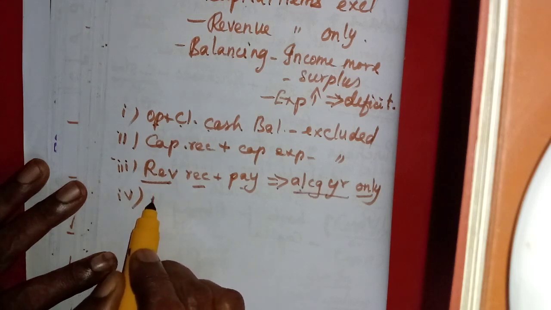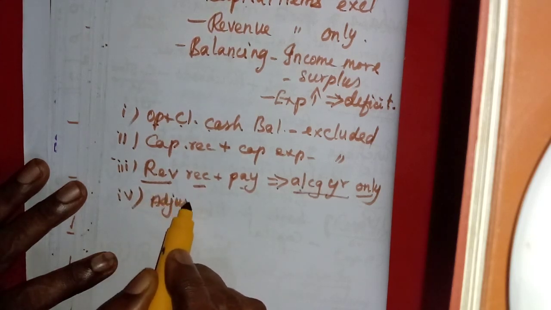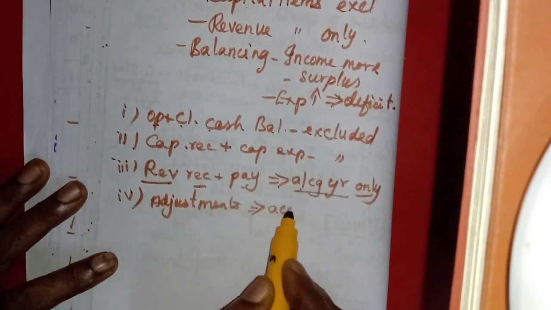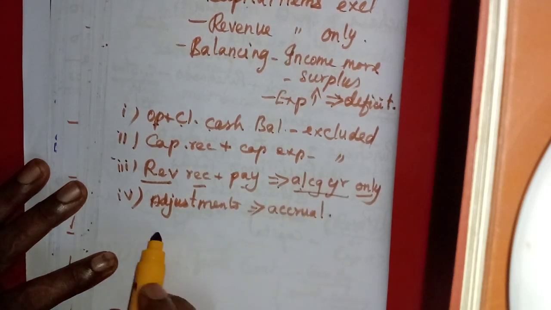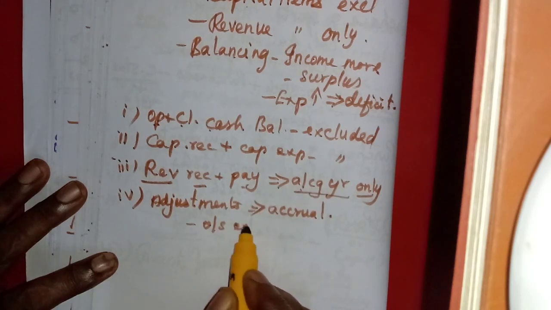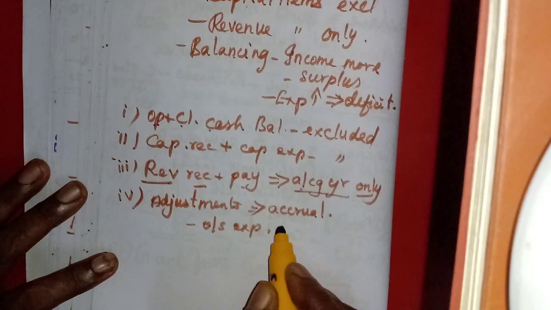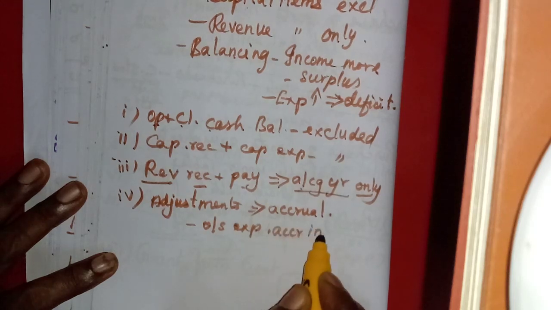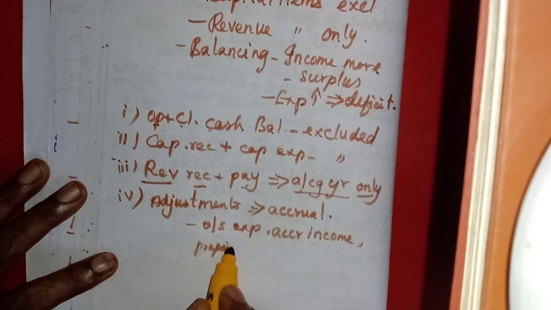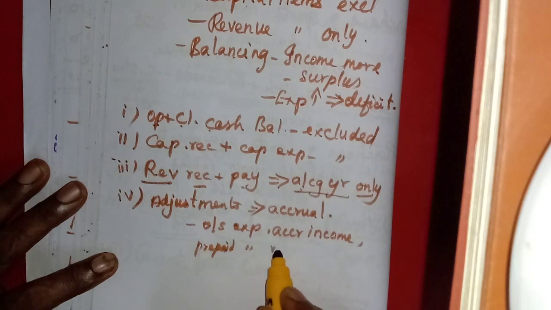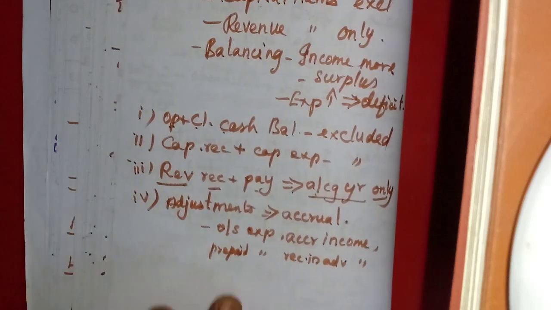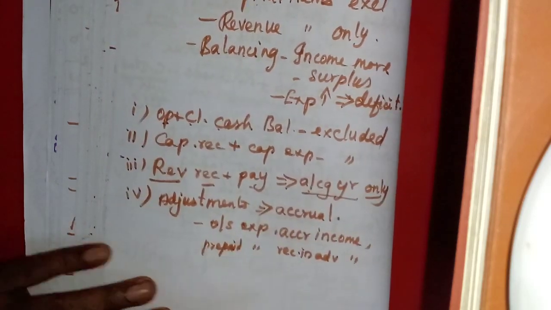Then adjustments must be made on the accrual basis. That means for outstanding expenses, accrued income, prepaid expenses, and income received in advance, we have to make adjustments.